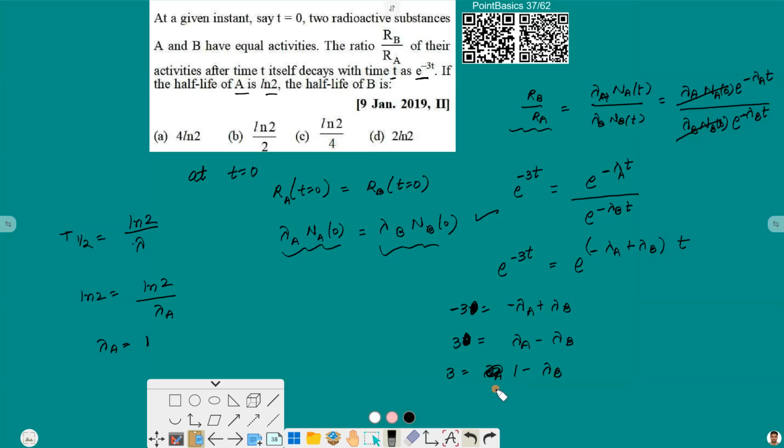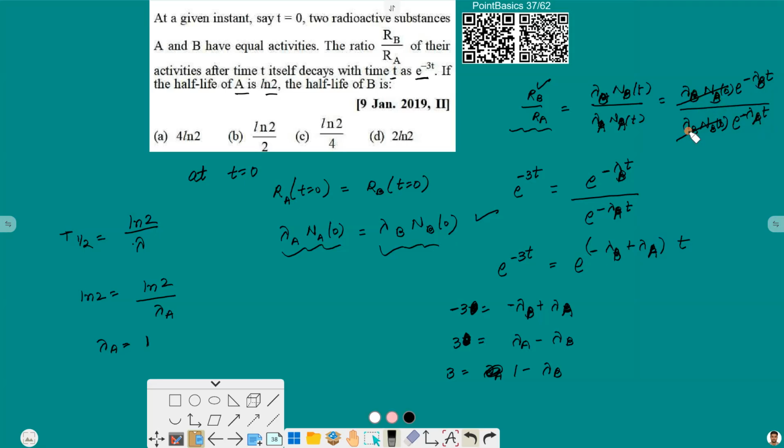And from this I can write, sorry, I made a blunder. The blunder is that I was taking RB by RA, so it has to be NB. Here it will be lambda B and lambda A. So this will be lambda B, lambda A here, lambda B, lambda A. You can correct it yourself, and hopefully you have already noticed it.